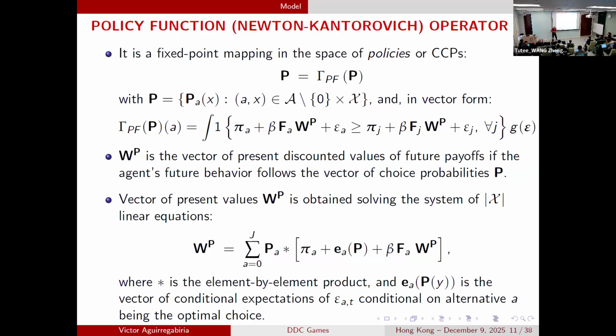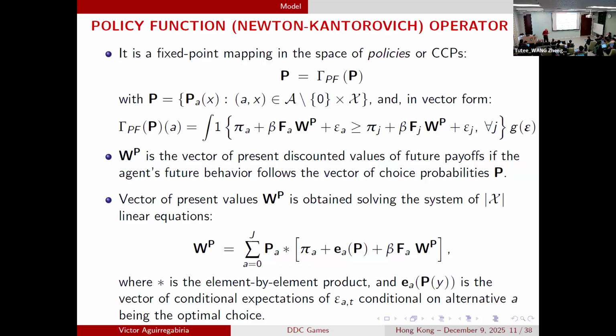Then you can see that it's an implicit equation, but you can see also that basically these are all primitives or depend on the choice probability. We can put W^P here, and at the end we can calculate W^P using an inverse matrix, solving a system of linear equations. Of course, that is not the computationally best way of doing it.